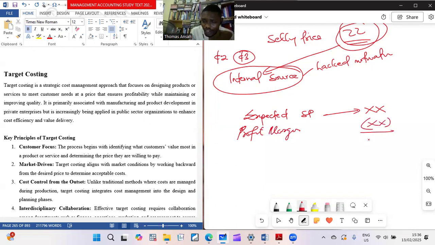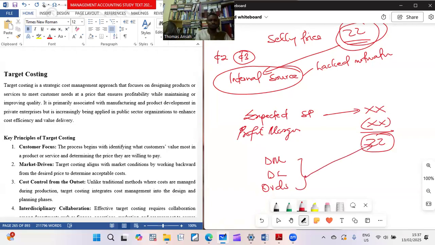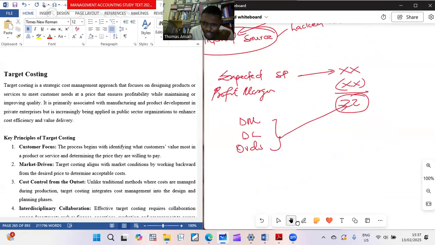And we will arrive at the cost. Now, when we get this cost, that is how we are going to negotiate for our direct material, our direct labor and our overheads, so that we can meet this cost. Do you get it?